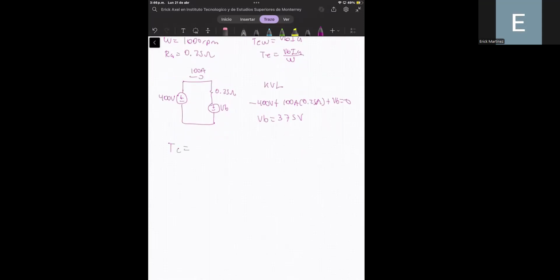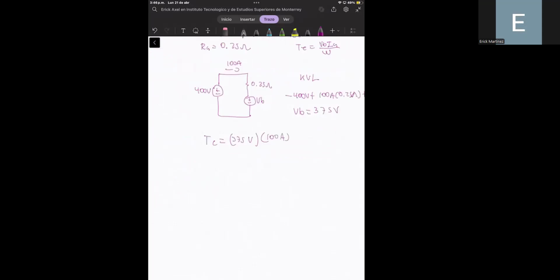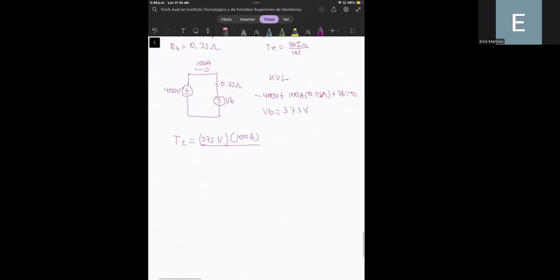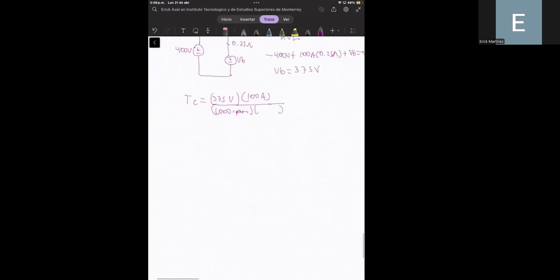Okay, so now we have all of the data to compute the electromagnetic torque. So we know the back EMF voltage, that is 375 volts, times the armature current, that is 100 amperes, divided by the speed of the motor, that in this case is 1000 RPM, times, well, we need to express this in radians over seconds, so we know that 2 pi is equivalent to 1 revolution, and that 1 minute is equivalent to 60 seconds.